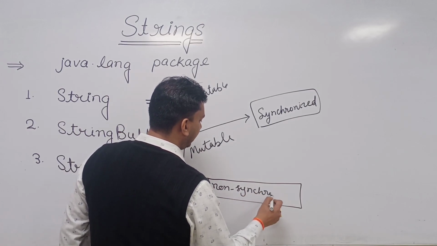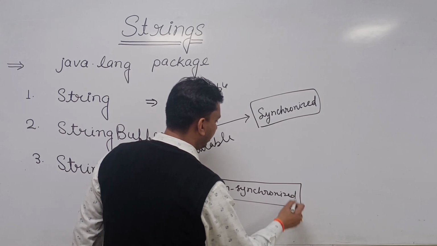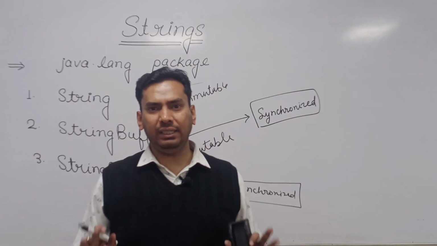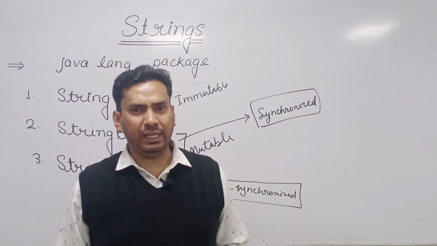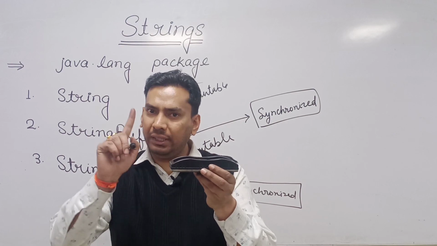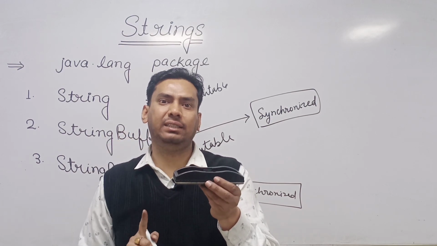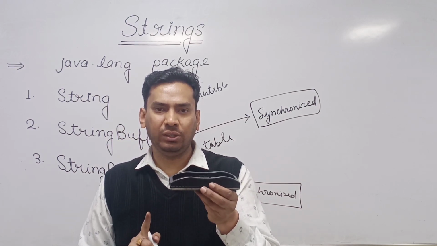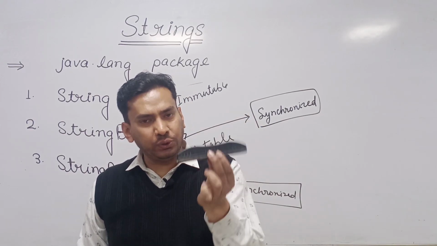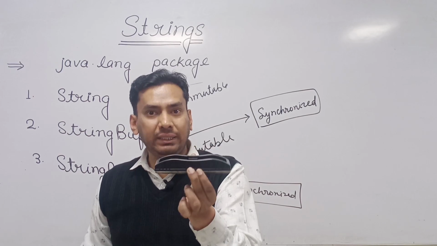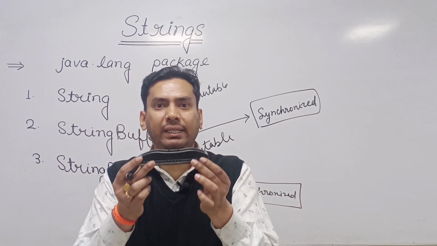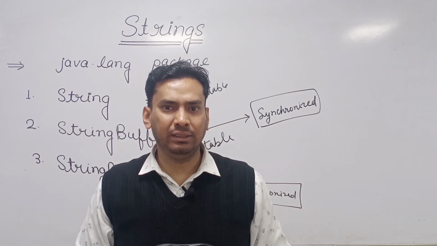Now the question is, what is the meaning of synchronized? Synchronized means, very easy, if you have some synchronized object, only one thread can access it at a time. If you feel that this particular object should not be accessed simultaneously by multiple threads, then you will have to make it synchronized.